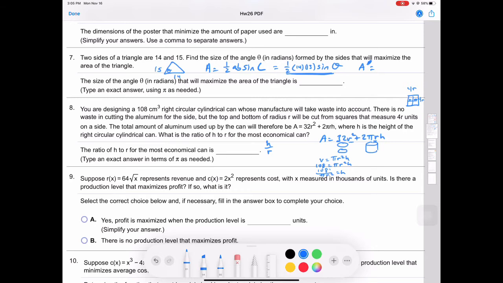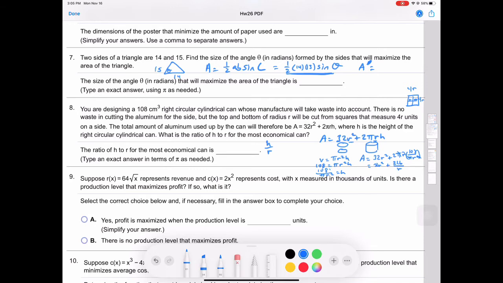And then we can come back and write our area formula because we're trying to optimize the area that we use. 32r squared plus 2 pi r, and then h is now 108 over pi r squared. We can simplify that to become 32r squared plus, the pi's divide out, one of the r's divides out, so we're left with 216 over r.